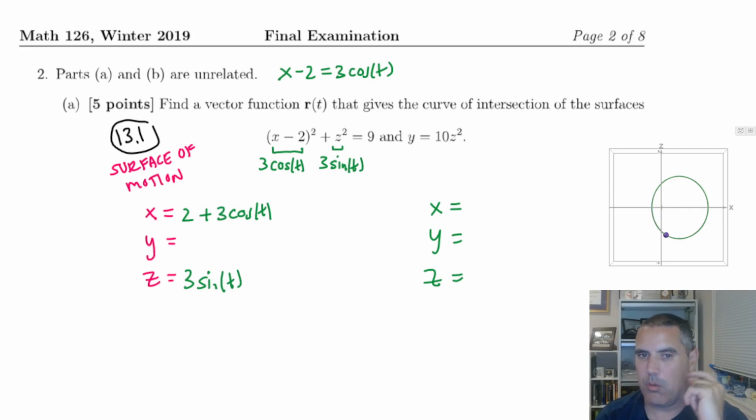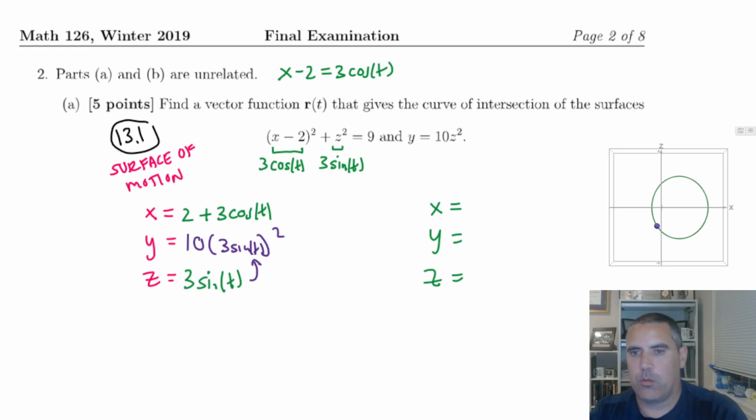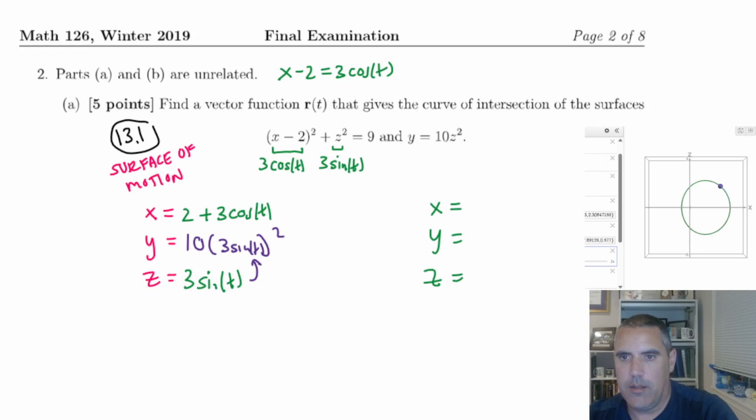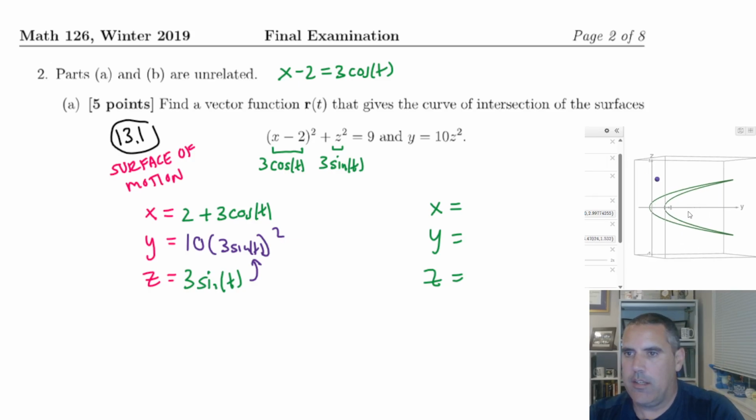In addition, I want the other value to change appropriately. The other value is going to be 10 times whatever z is squared, and this is what z is. Just for a quick example, if I made y 0, and then I turn this, you would see that it is circular motion, but it's not on there.